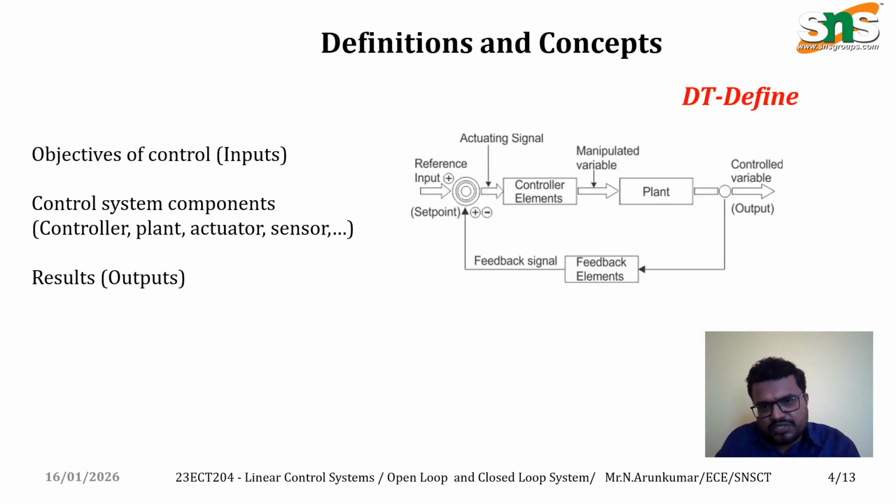So in this, we are going to look at the number of elements used in these control systems. They use input signals as a reference input with plus symbols, and it also acts as a summer. We need to add or eliminate using this summer unit. Next, the signals from the summer unit are passed to the controller elements.